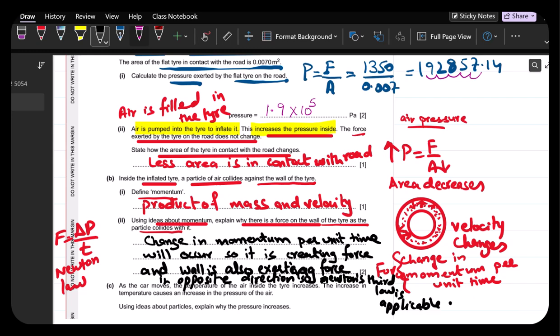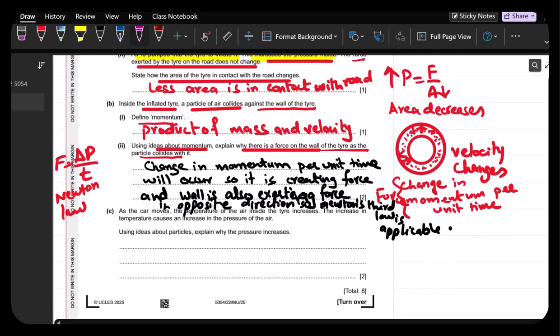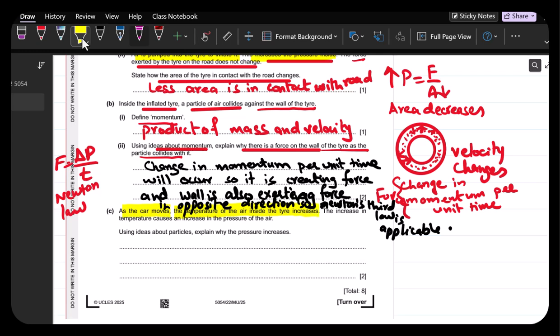Moving to next. As the car moves, the temperature of the air inside the tire increases. It means the movement, or you can say collision of the gas particles, increases. When air particles collide, the temperature might increase.